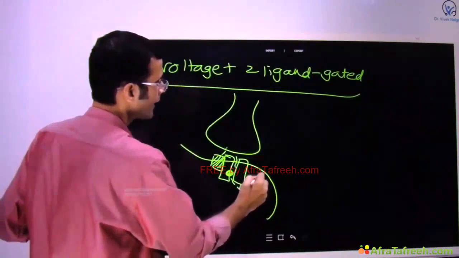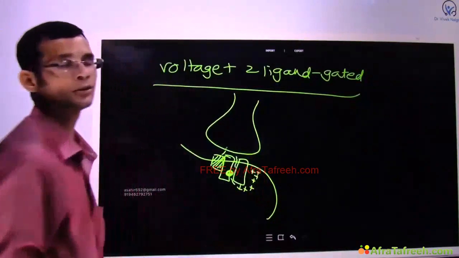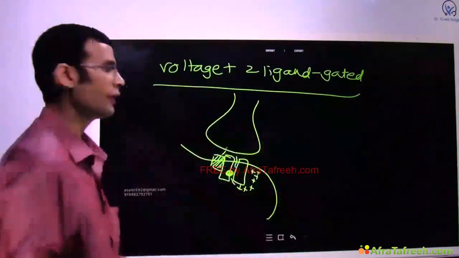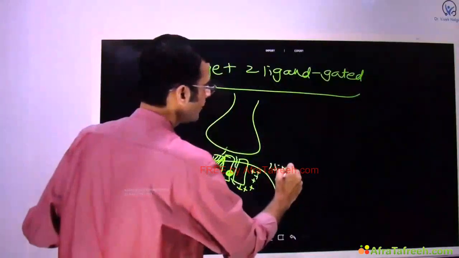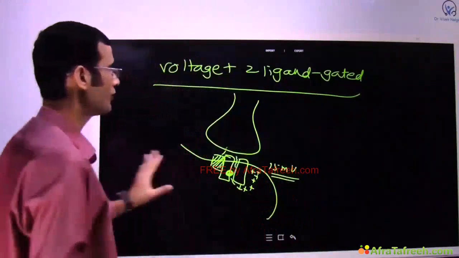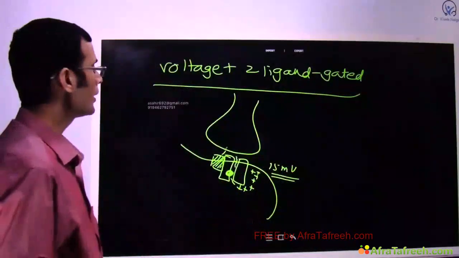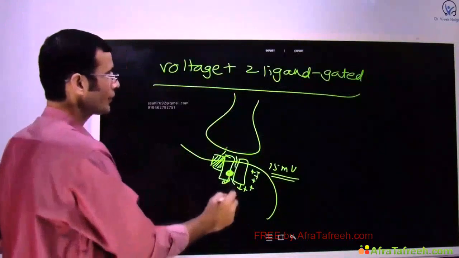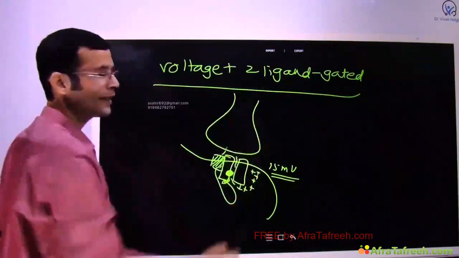ionic flux. The cations enter through the channel, and therefore the membrane is partly depolarized. There is about 15 millivolts depolarization of this postsynaptic membrane, and after that this magnesium block is removed and the channel is opened completely, the gate is opened completely.